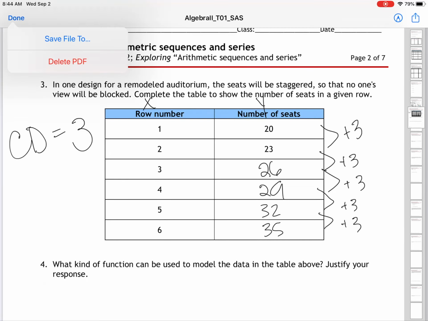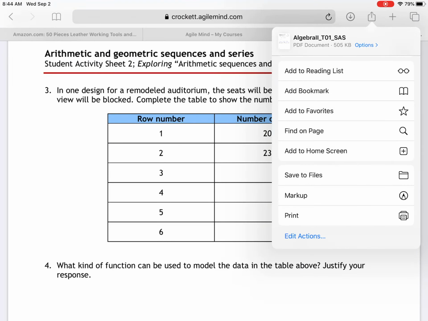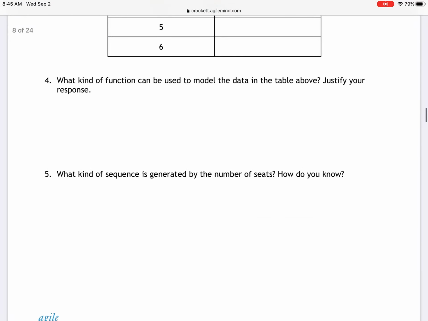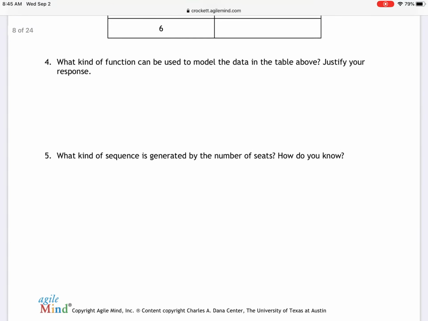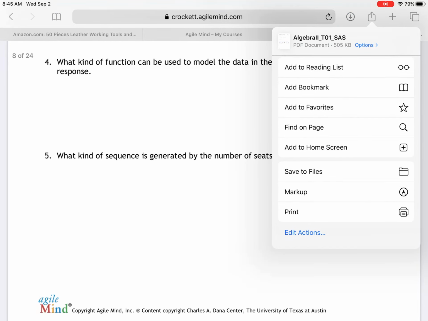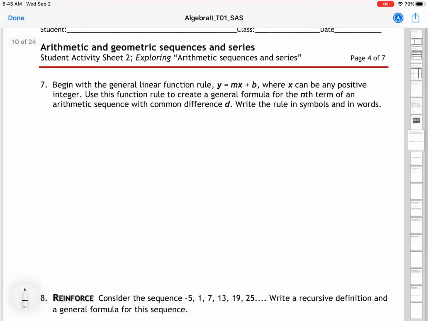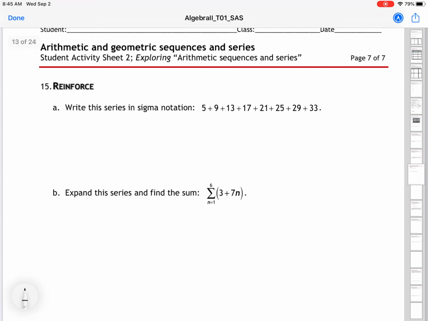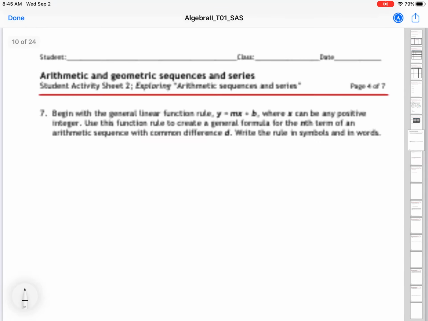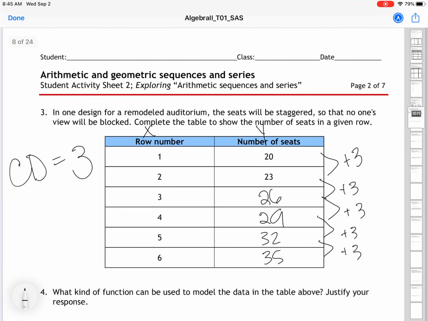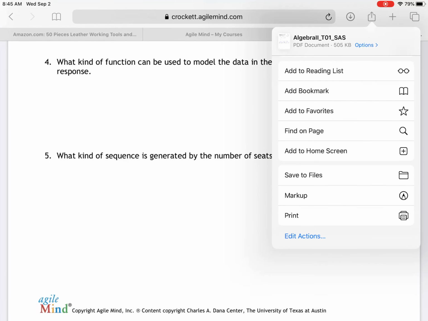Let me see if I can scroll down. Now, let's see.